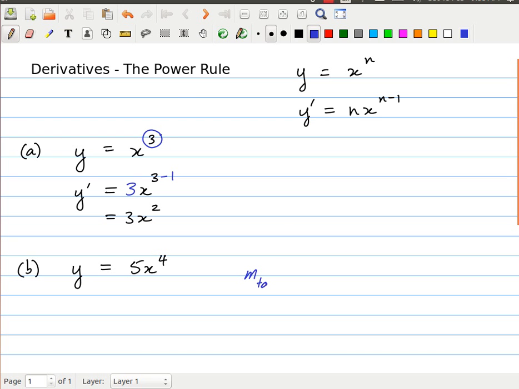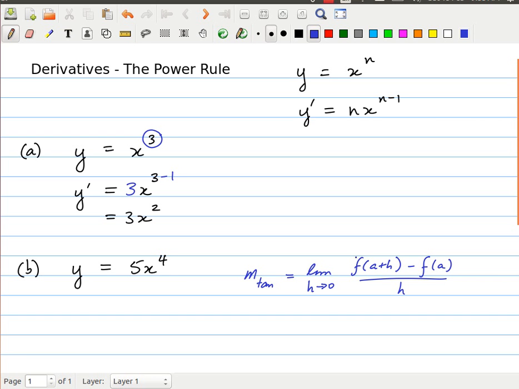For example, the slope of a tangent is equal to the limit as h approaches 0 of f of a plus h minus f of a, divided by h.